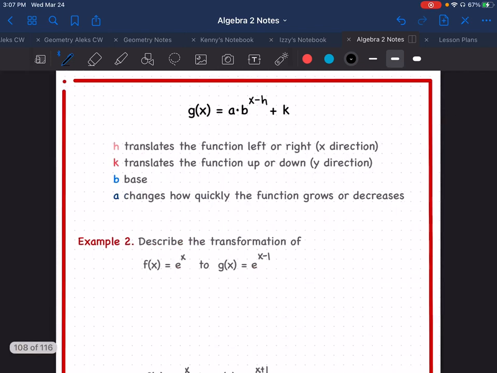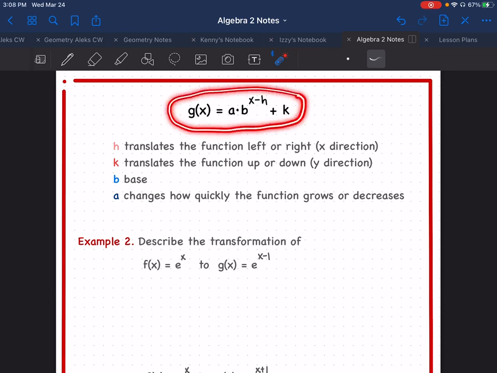All right. In the very first lesson that we talked about in our exponential unit, we looked at this form of our exponentials. And we're going to go ahead and look at this again. I just want you to remember how each one of these letters makes the graph move, like H. H is going to translate my function to the left or to the right in my x direction.